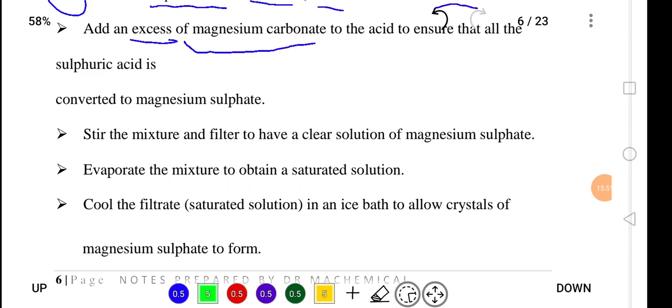We'll still stir the mixture and filter to have a clear solution of magnesium sulfate. Magnesium sulfate is not going to be blue in color because magnesium is not a transition element. This is going to be a colorless solution.